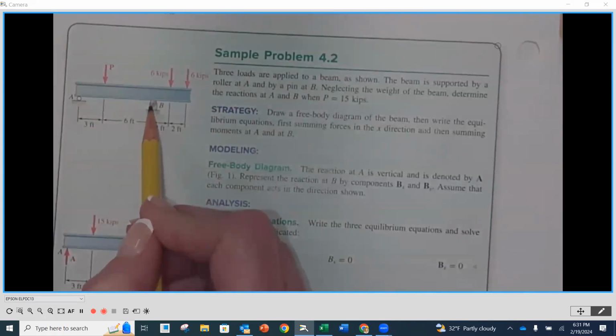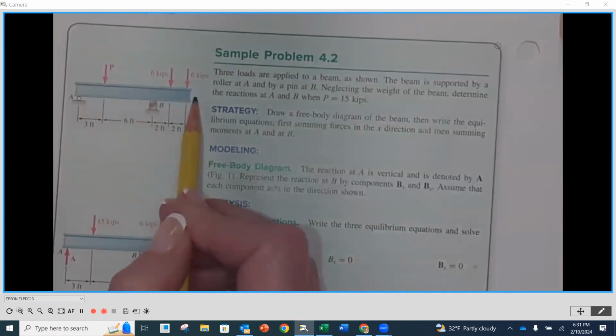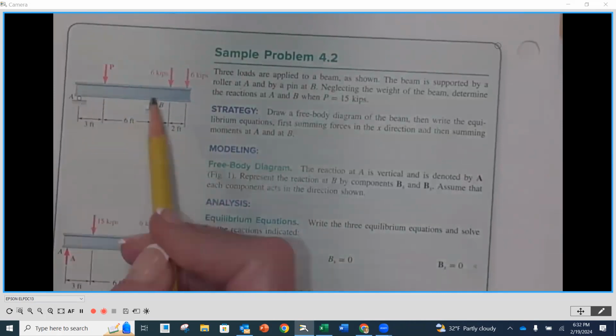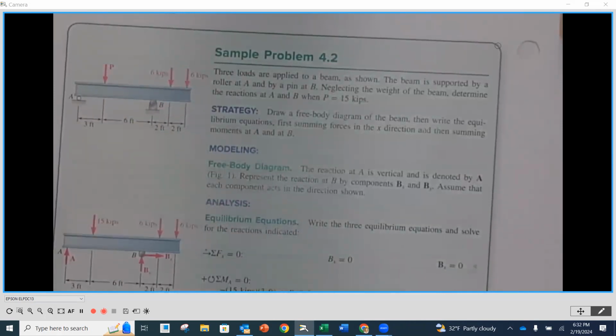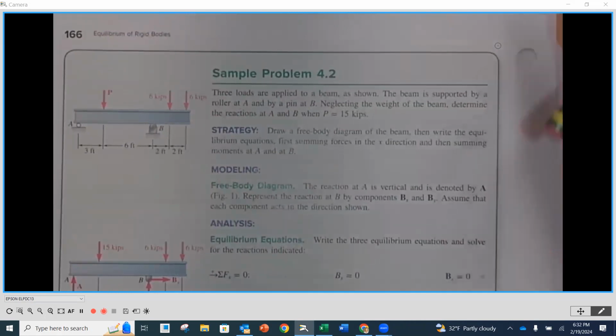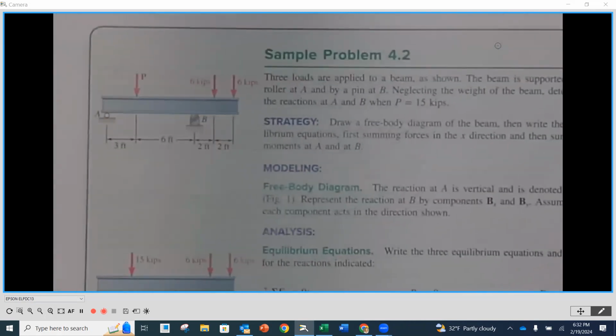What I'm going to have you do is draw the free body diagram. Just use a regular line for the length of the beam. And then draw what you believe the reactions are at the supports A and B. And then we'll compare. I'm going to give you a chance to think about it, put some stuff down. Even if you're not exactly sure, we'll talk it through, but just give it a shot.